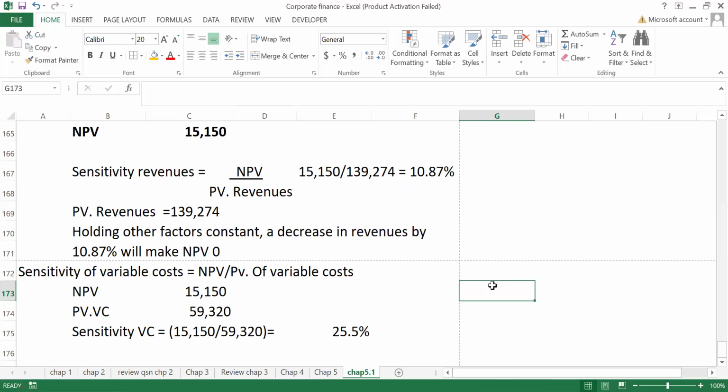It's the same here. If you keep all other factors constant and increase your variable cost by more than 25.5%, automatically the NPV will become negative. So if there is inflation and the variable cost increases by more than that, you are going into negative. On the revenues it is a decrease, on the cost it is an increase. Yes.